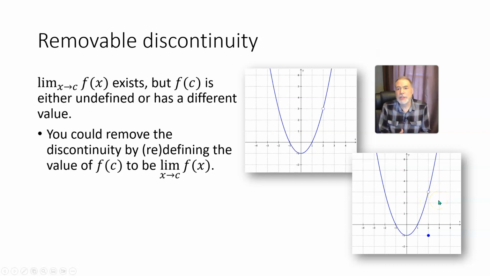Those are removable discontinuities because we could remove the discontinuity and make it continuous just by defining or redefining the value of f of c to be the same as what the limit is. So in both of these graphs, if I just said, okay, I'm going to make f of 2 be 3, so instead of being undefined or being some other number, it's now 3, so it matches all the other nearby points, there I've removed the discontinuity. I've made it continuous.